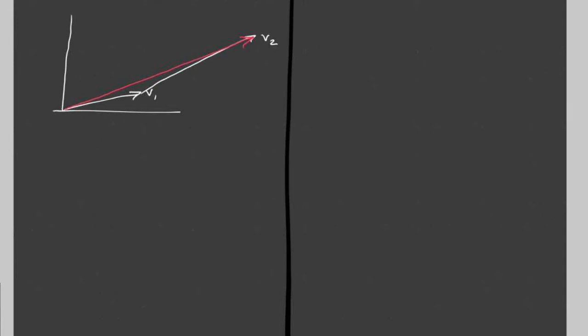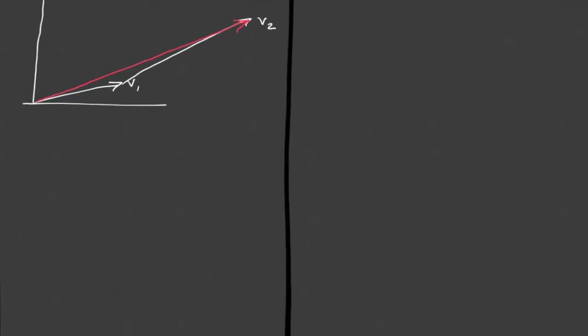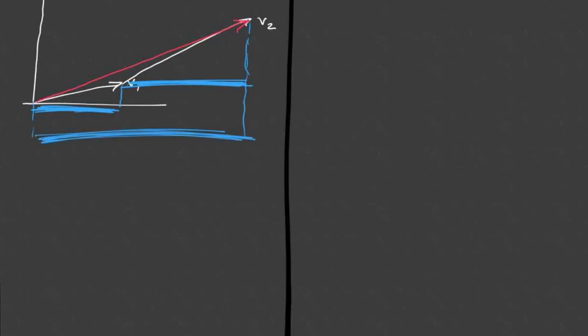Now, if I zoom in on this, we can see that the x component of V1 is that length there. The x component of V2 is that length there. And the x component of the resultant, the x component of V total, is that distance there.